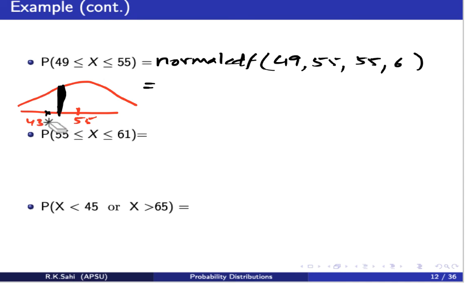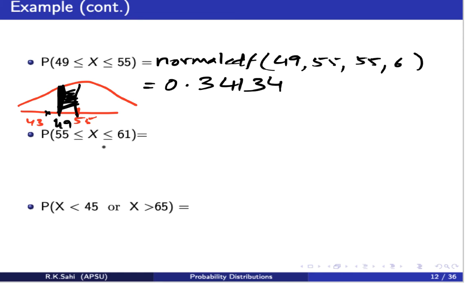Sorry. We're looking at 49 and 55, and then this one, guys, I'm sorry, I made a mistake. So normal CDF, we wrote this one there, we got the answer to be 0.3413, 4 if you want.